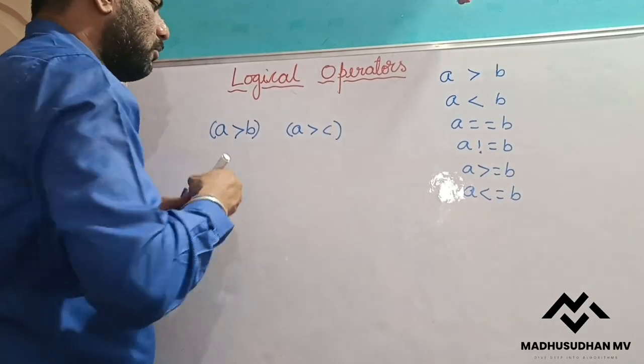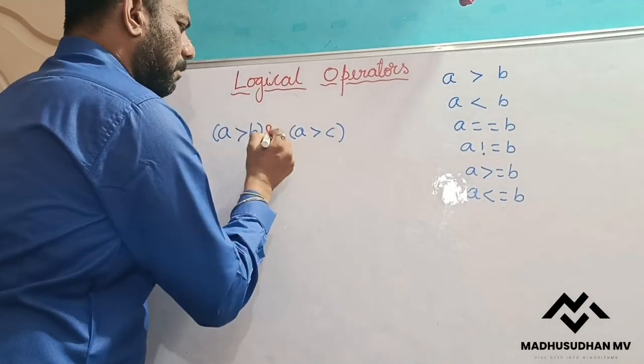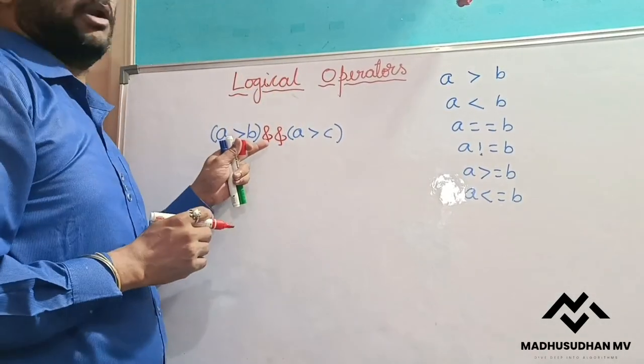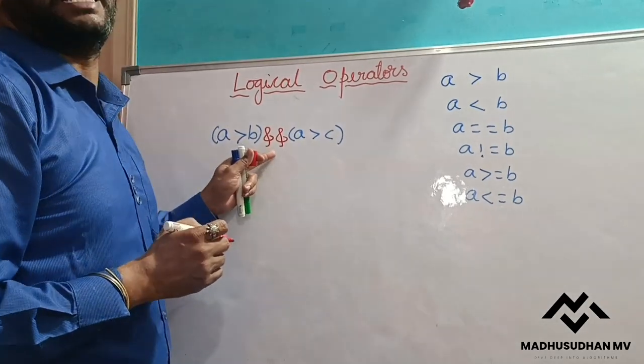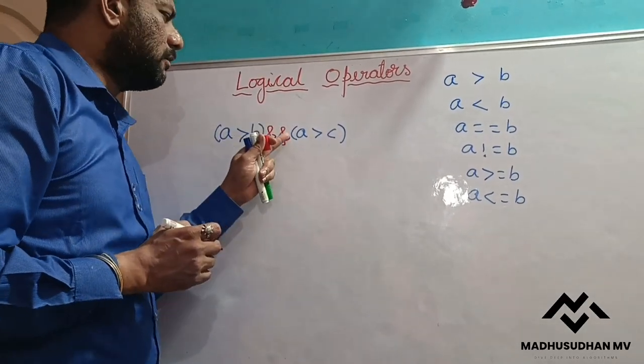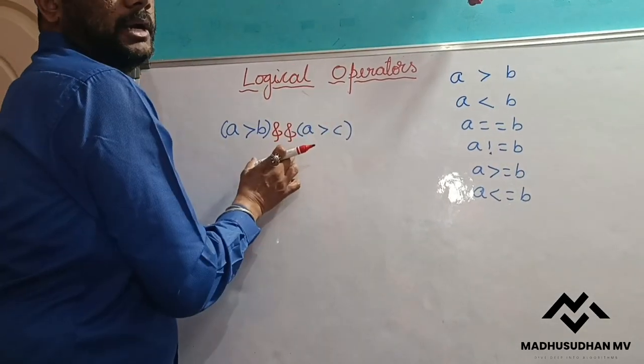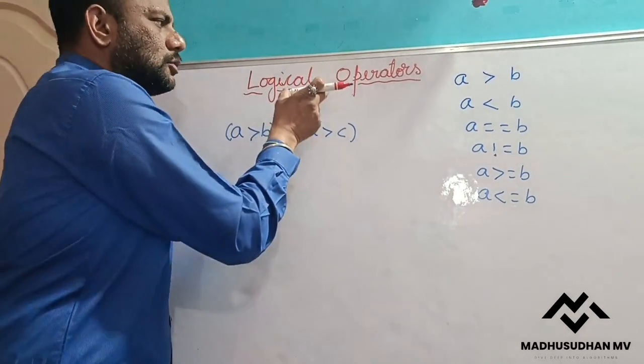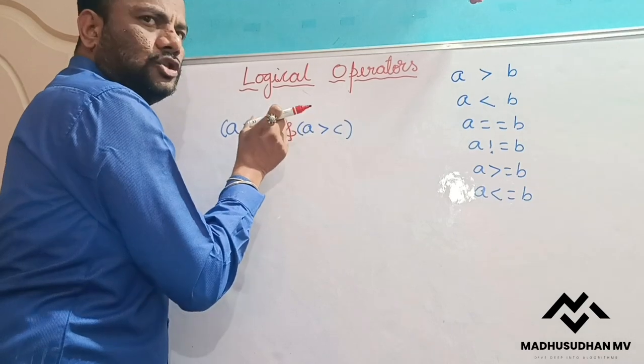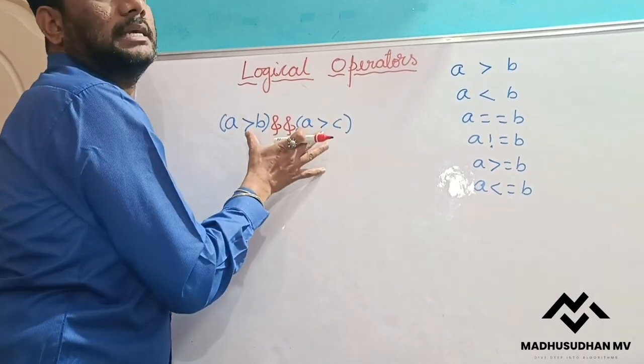So for that I am using double ampersand. This is called logical AND. So this operator we should read as logical AND. This is one of the logical operators, used to check more than one condition.